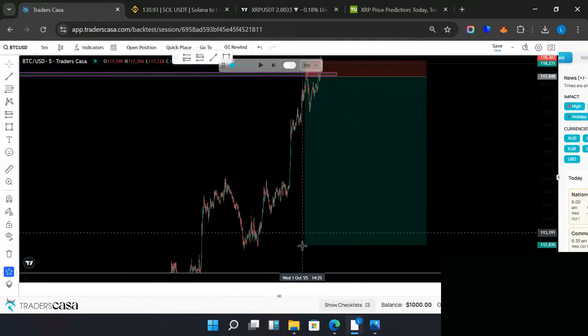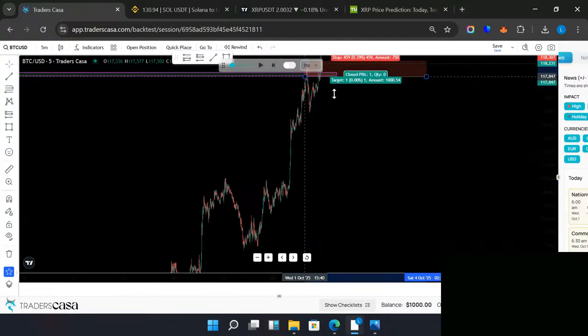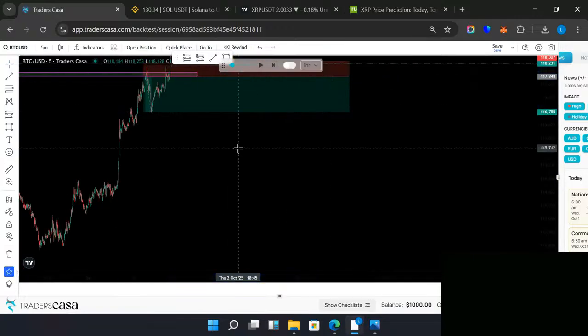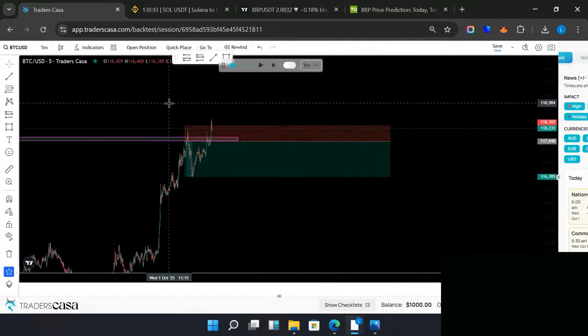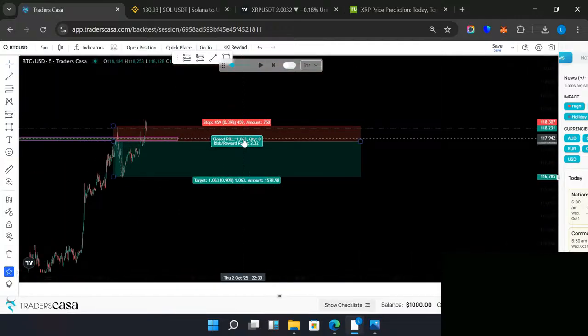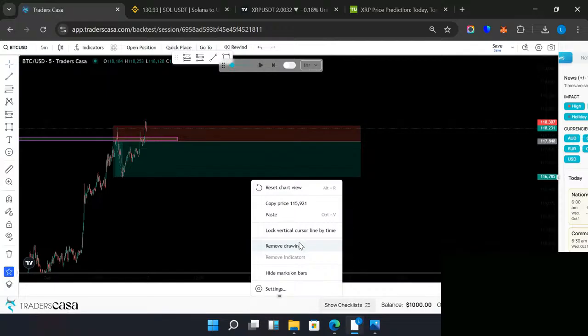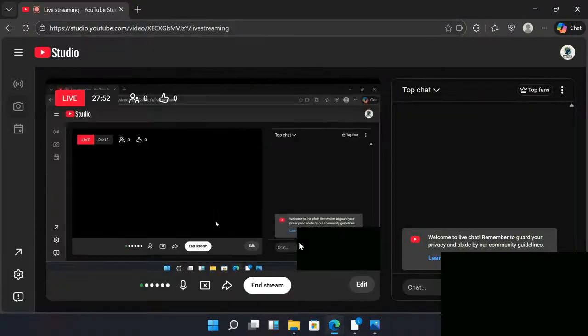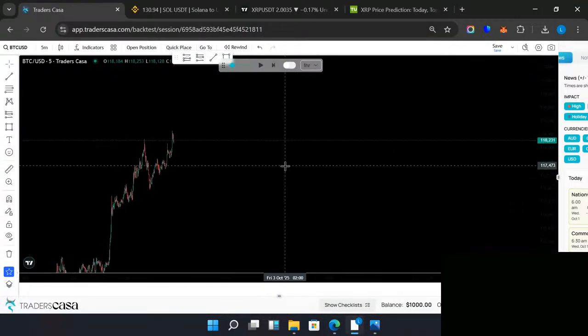Now see here, buy side liquidity must be just around here somewhere. Yup, so it must be here. I just zoomed it out and then saw. So yeah, that's also 1 to 2, 1 to 3. You always need to aim at least that much.